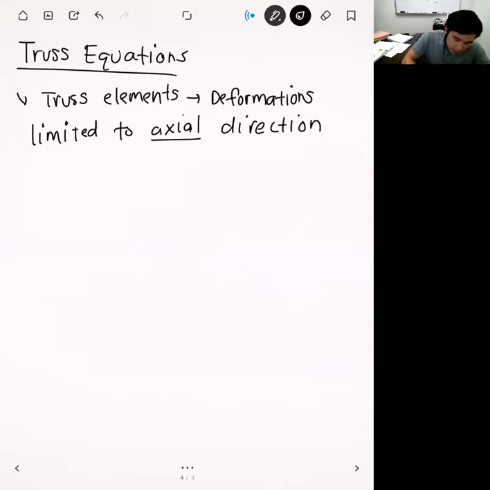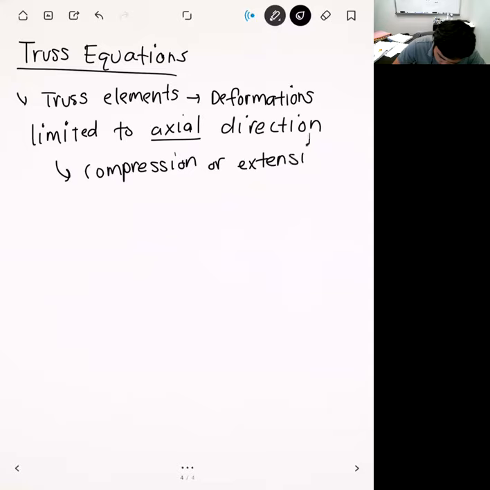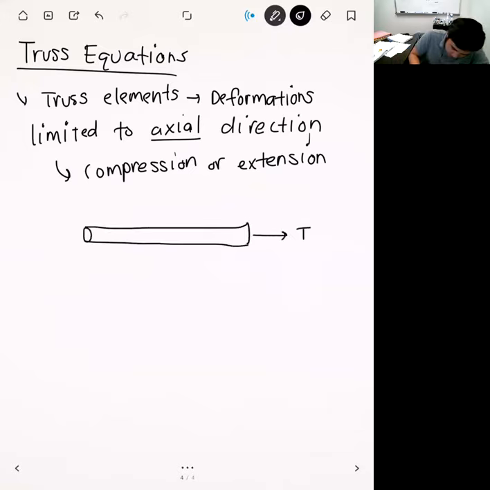And so what that means is that we assume the only ways for them to deform are either in compression or extension. Okay. And so visually, we have an element that looks like this. We're going to assume that we have a forcing in both directions.